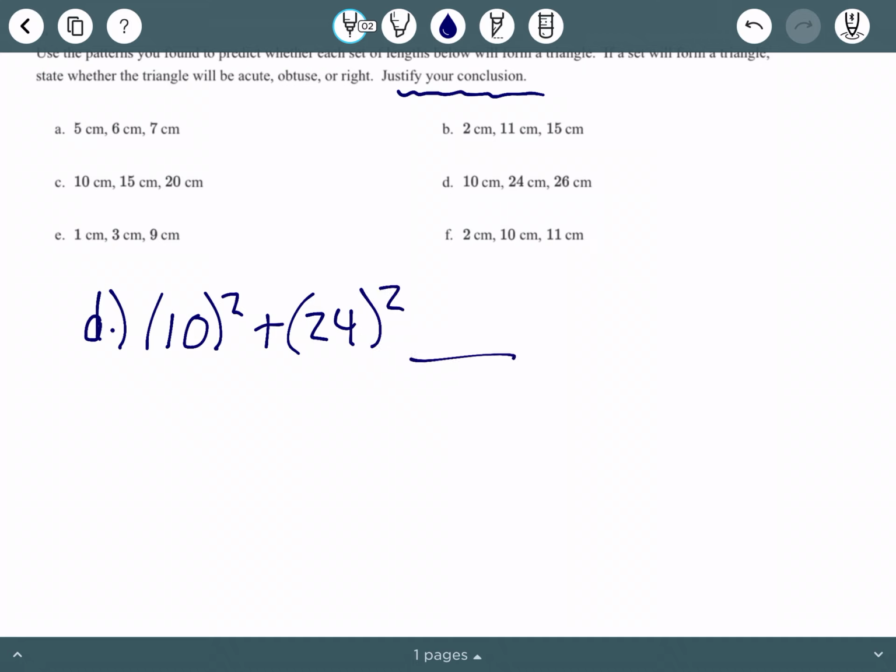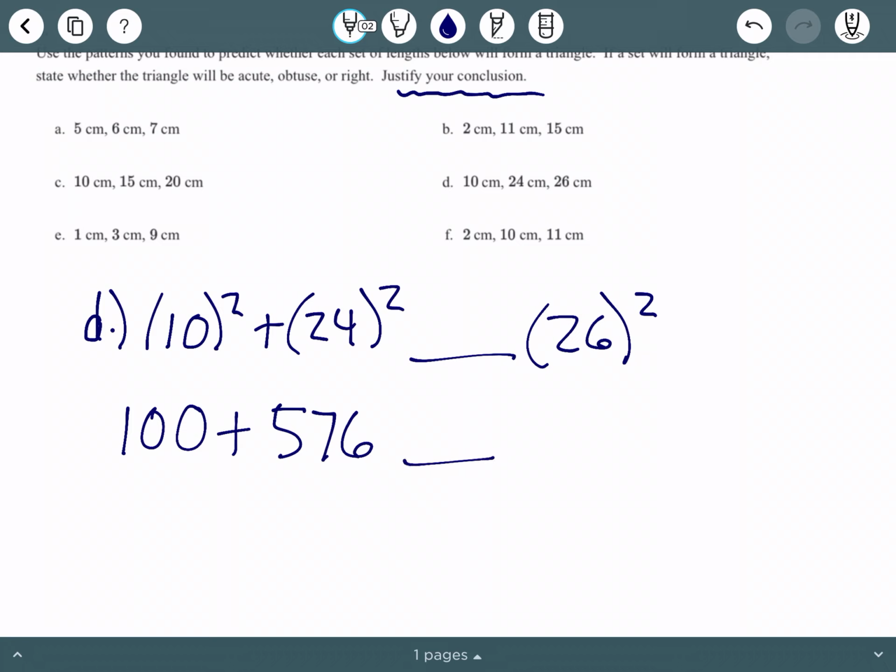I don't know whether it's less than, greater than, or equal to 26 squared, but I'm going to find out. So 10 squared is going to give me 100 plus 24 squared, which is going to give me 576.